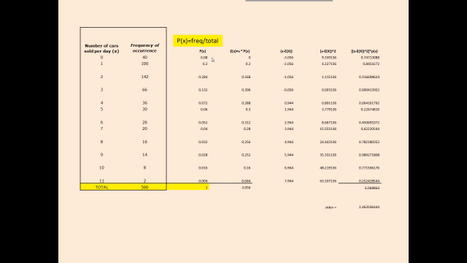When we sell 1 car per day, well, that happened 100 out of the last 500 days. 100 divided by 500 gives us a probability of 0.2. And so you can continue down through the rows, looking at each frequency, dividing by the total of 500, and that will give you your probability column. So once you have your outcomes and their corresponding probabilities, you have your probability distribution constructed using frequency.